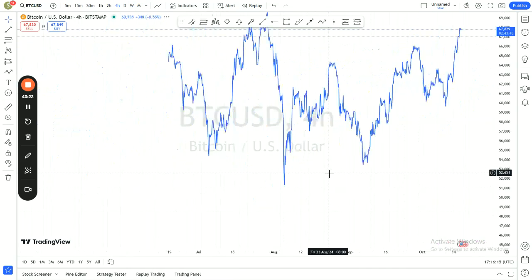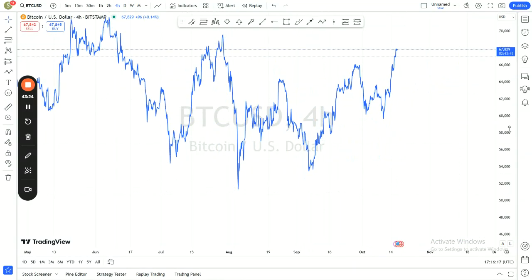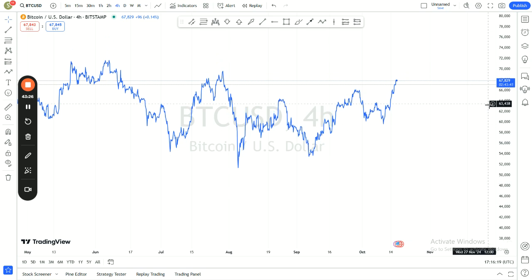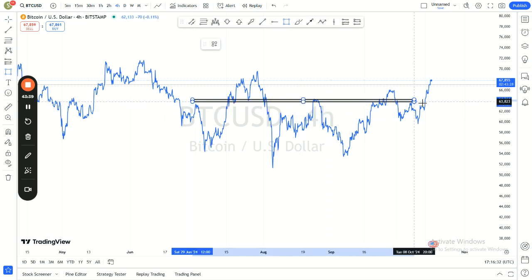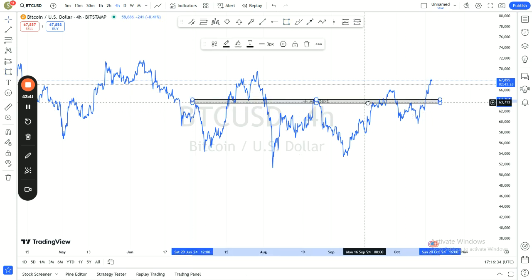A line chart will give you the best view. Look out for areas where the market has tested a couple of times. Okay, we can't find any currently. Let's see. Okay, we have one right here. Look at this, guys.